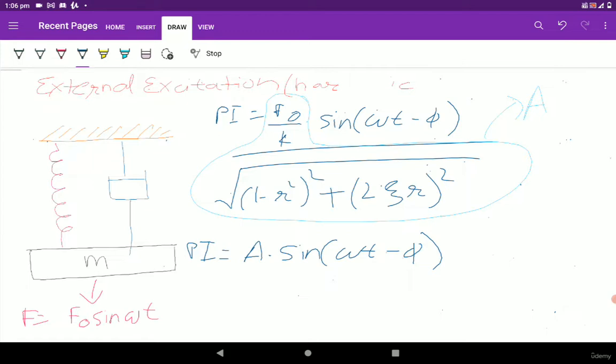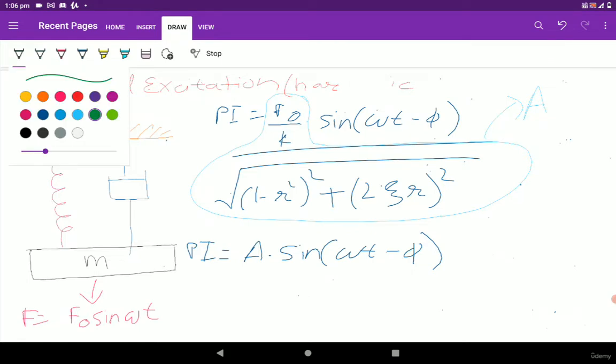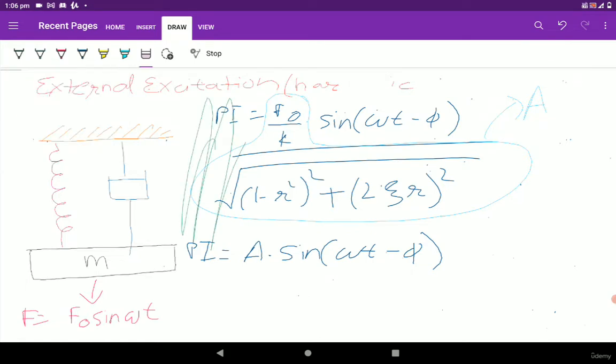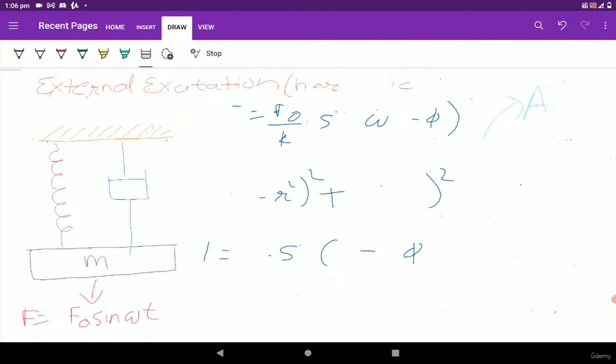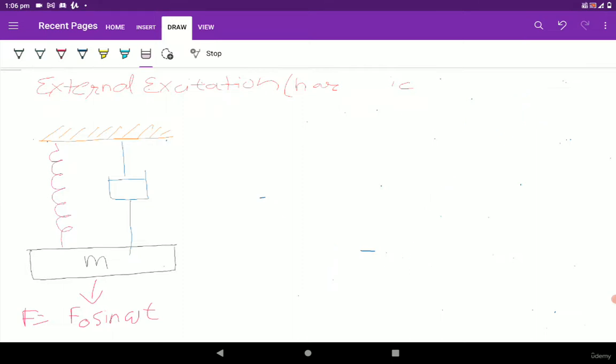From this we can deduce that x p is equal to A dot sin of omega t minus phi.